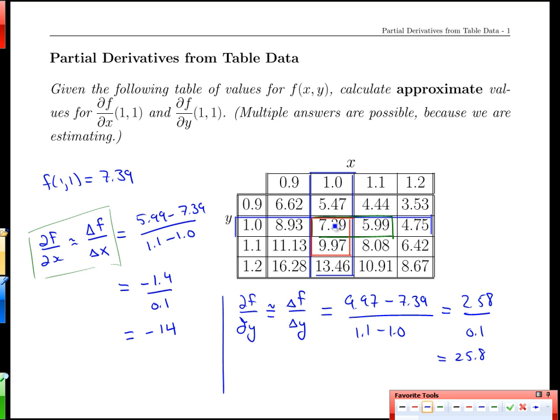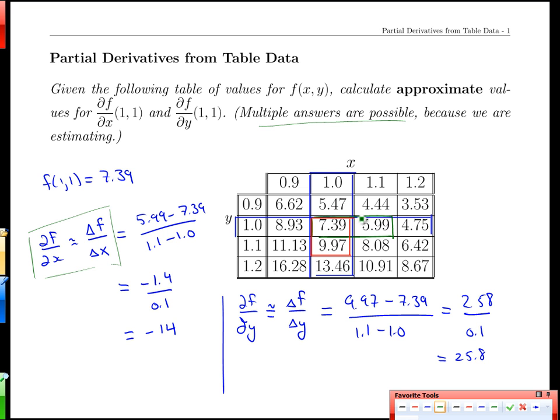So that's one way to estimate the values. Hopefully, you are asking yourself, why did we pick these two here? Why not pick the x before the 1.0? You can absolutely do that. There are multiple answers that are possible, and in fact, there's a whole study in numerical analysis of which particular estimate is the most reliable most often. There's lots of different choices there.